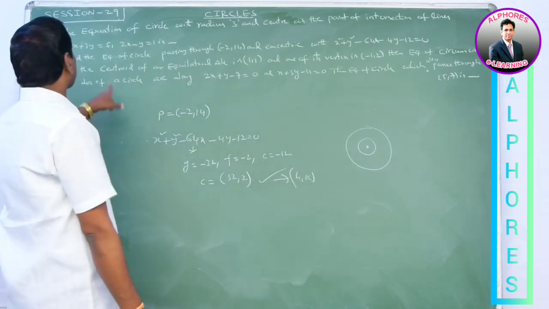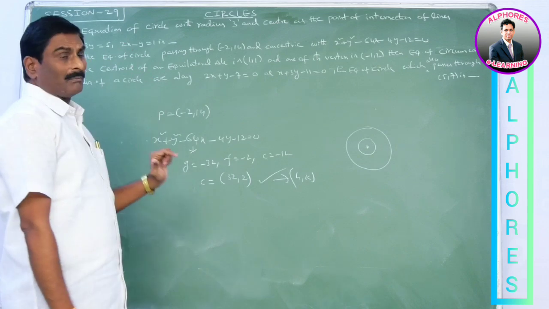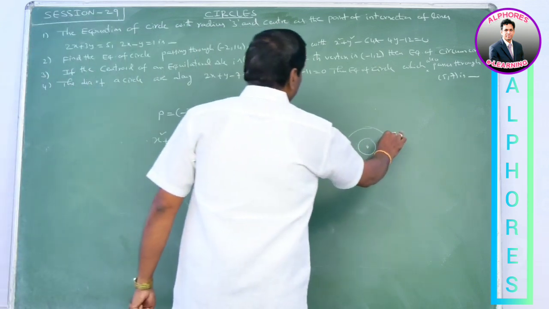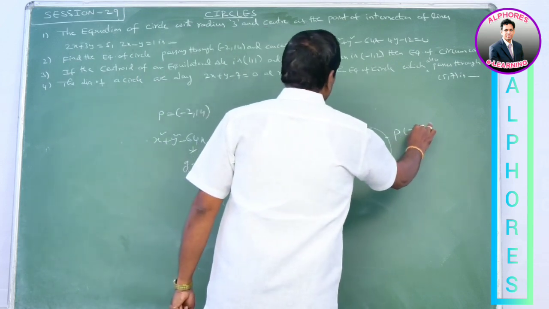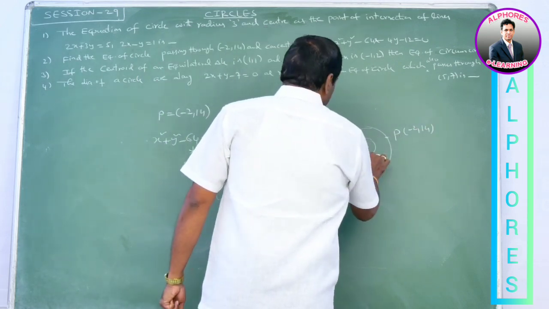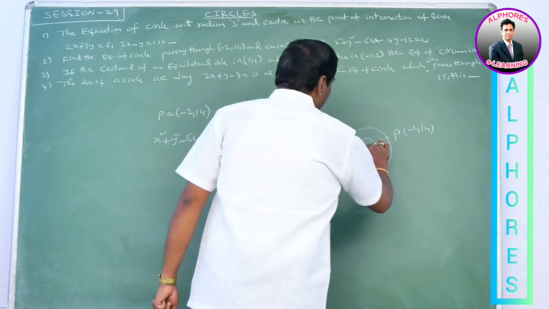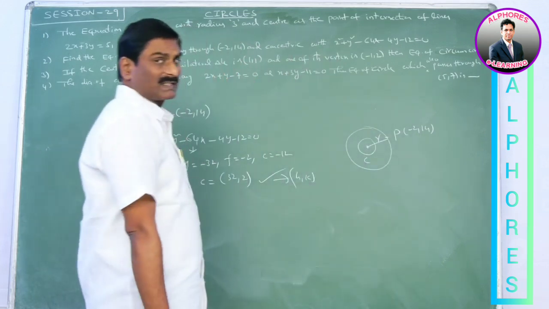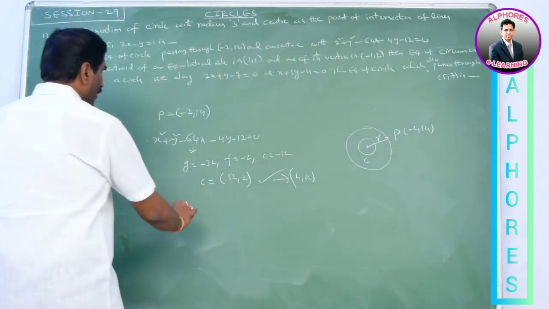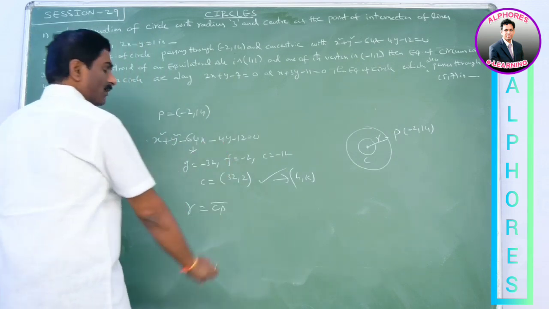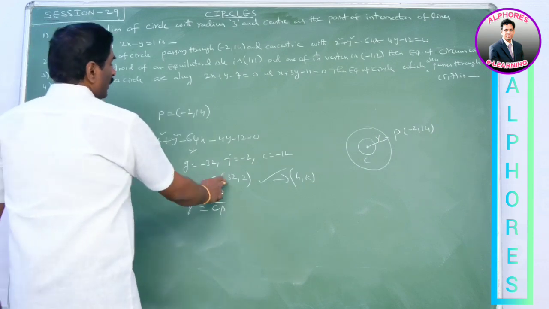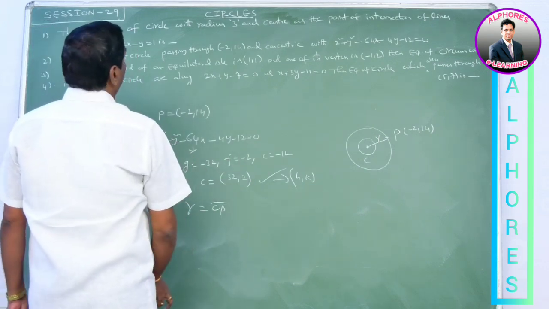The radius of the required circle is not given, but one of the points on the required circle is given. This point is P(-2, 14). The center of the circle is given. The distance between C and P is nothing but the radius of the circle. So R = CP, where C is (32, 2) and P is (-2, 14).